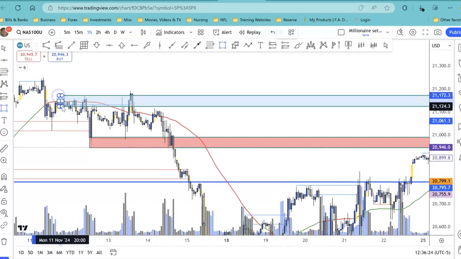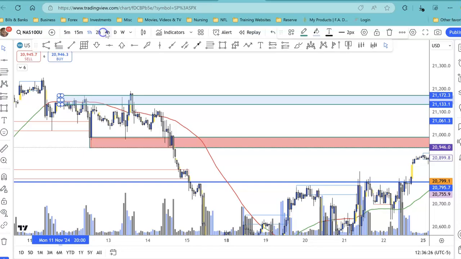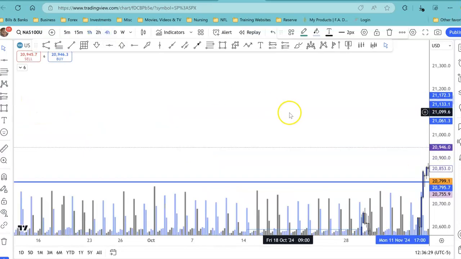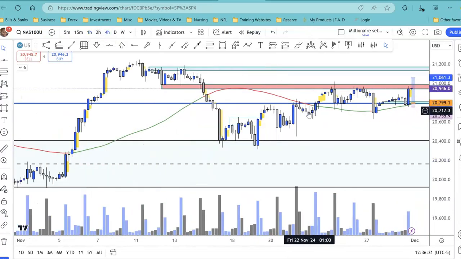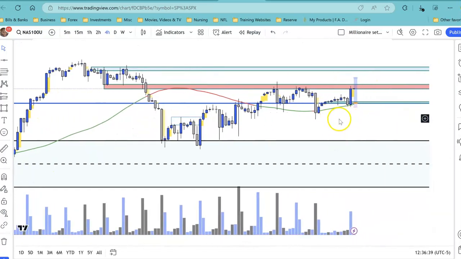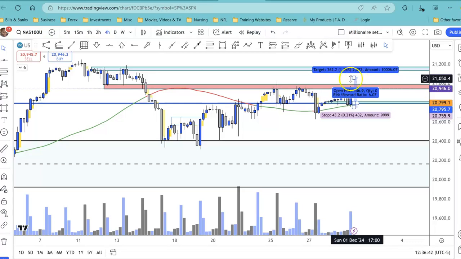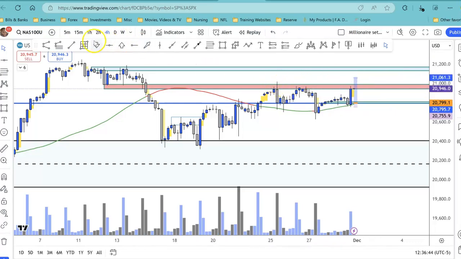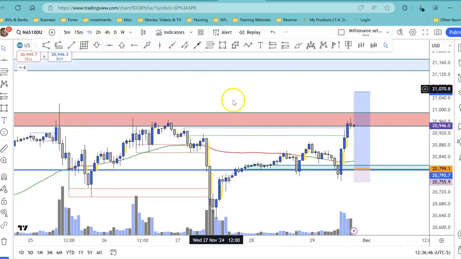Let me use this blue box for now. Let me go up real quick. Okay, yeah, that's the top of this consolidation area right here. Okay, so is it realistic that the market can give me 262 and take out this high? Yes, it very much is realistic.